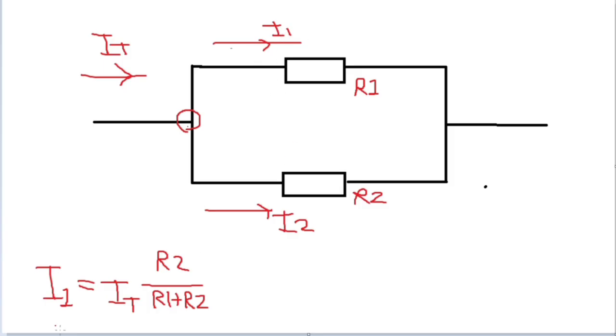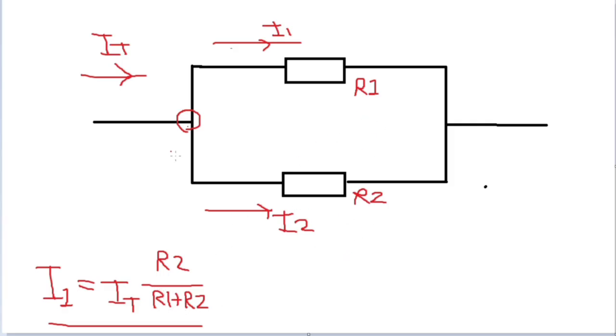There is a special formula you can use to calculate I1, which is written down here. This formula is basically I total times the resistance parallel to the branch of the current you want to find. So in this case, it's R2, divided by the total resistance in the parallel branches.